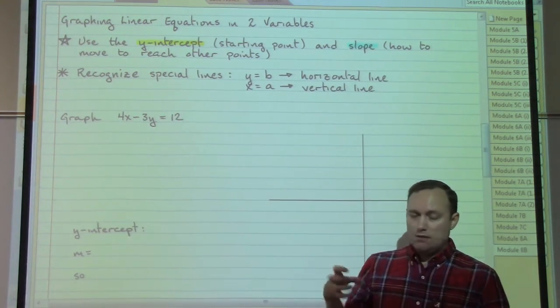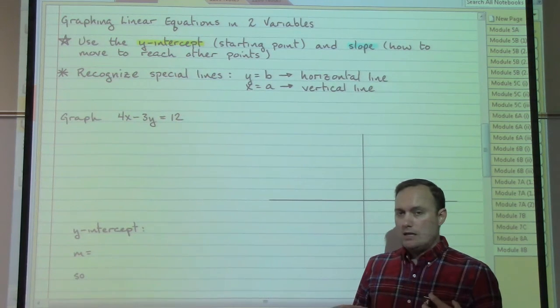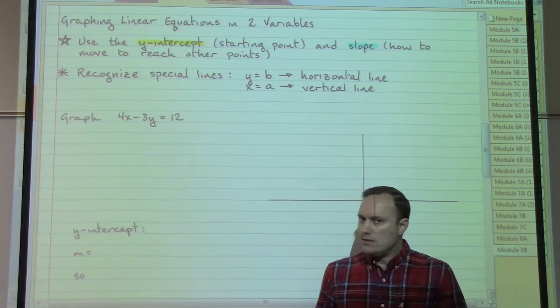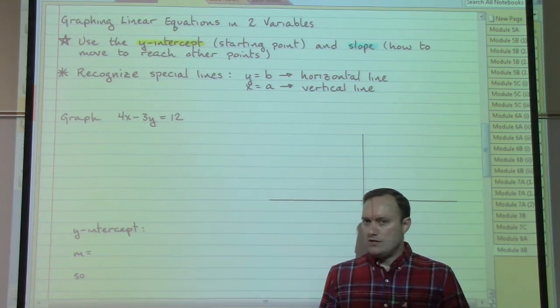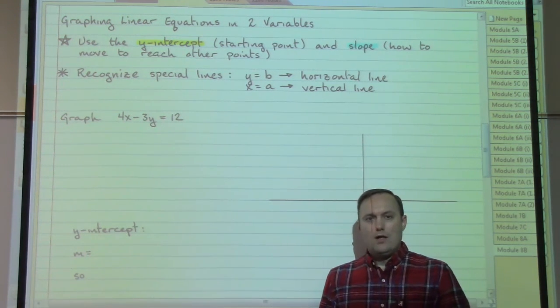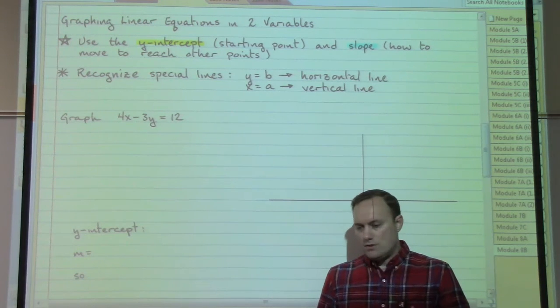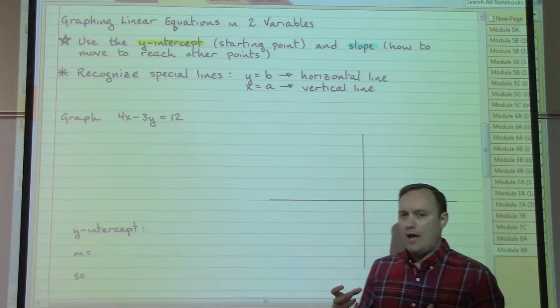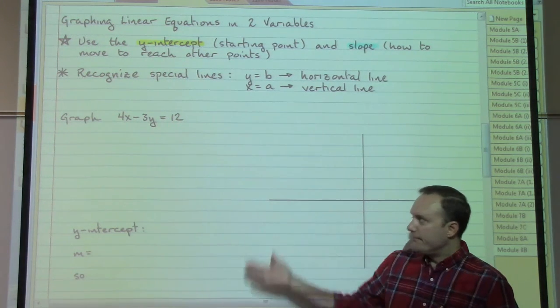If I can pick those two things out immediately, great. If I have to find them, well, again, this is still a little bit more efficient for us to work our way through than the other alternatives. So finding the slope-intercept form of the equation and then picking out the slope and that y-intercept.